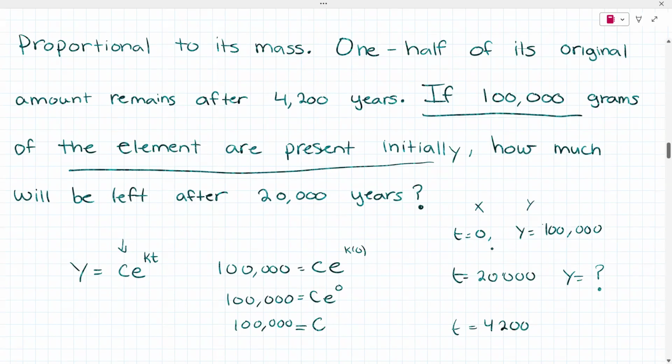If 100,000, what's half of 100,000? 500,000, right? Or no, 50,000. So yeah, at 4,200, it spits out 50,000. Yes, that's 50,000.